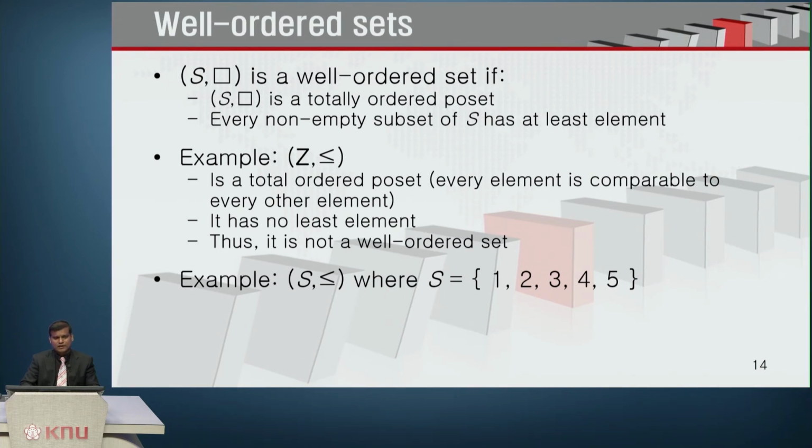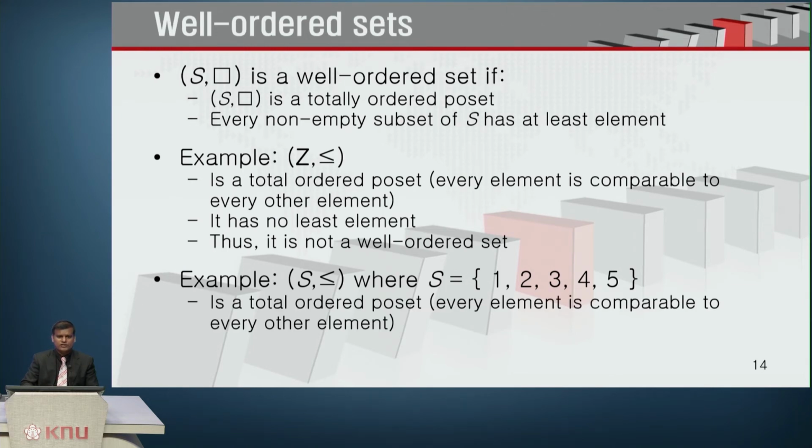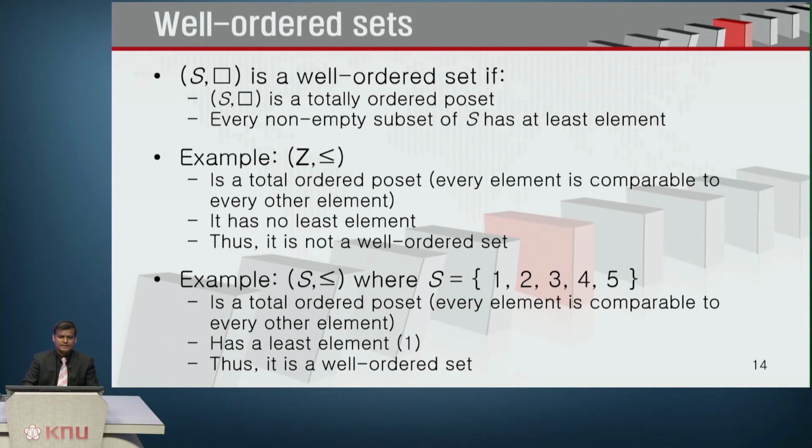So here is another example, (S, ≤), where S is {1, 2, 3, 4, 5}. Well, a clear definition of S is given to us: the set {1, 2, 3, 4, 5} is a total ordered poset. Every element is comparable to every other element. It has a least element, 1. Thus it is a well ordered set.